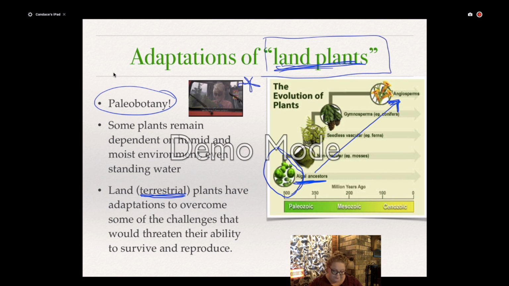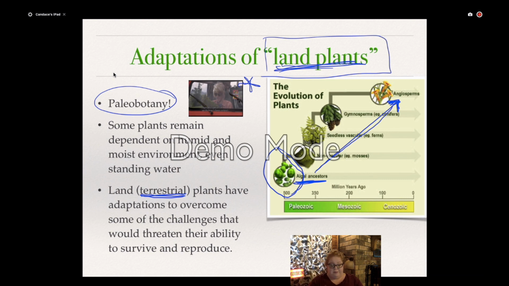But anyhow, the differences between these different land plants are tied to their different adaptations. We know that algae, because it's in the water, the cells that do photosynthesis can be buoyant on those leaf-like structures, and so they can get closer to the sun by just floating.